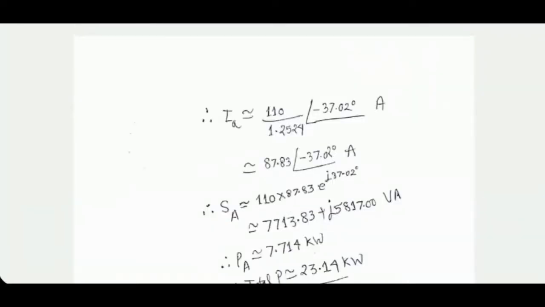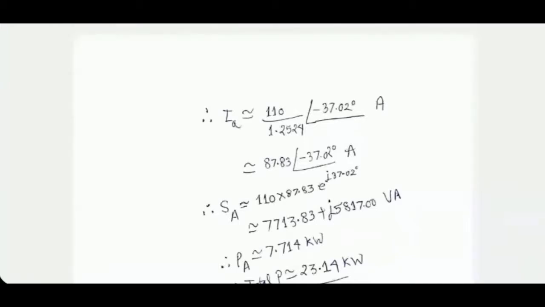Simplify this, you get a real part which is 7713.83 watt, and an imaginary part which will have the unit VAR. In a complex power, the overall unit is VA. The real part has a unit watt or kilowatt. The imaginary part has a unit VAR or kVAR.